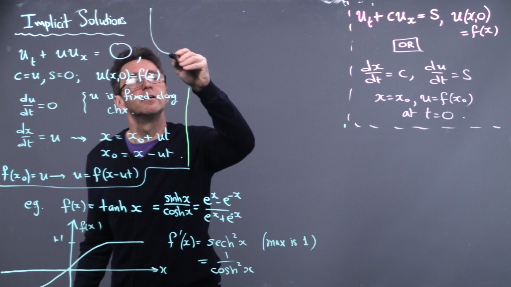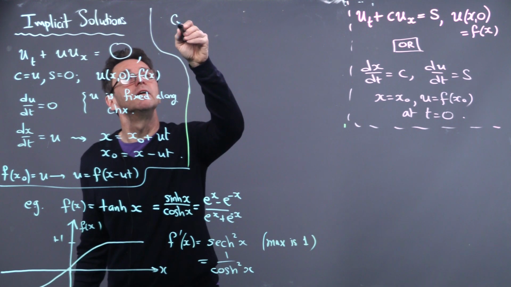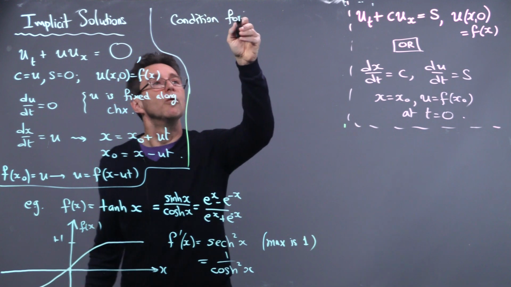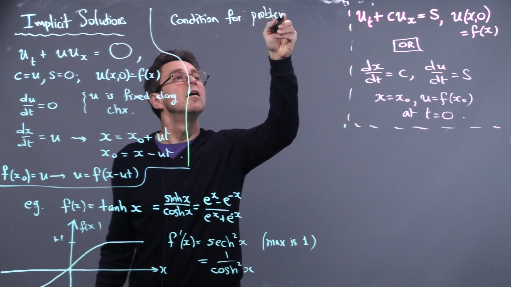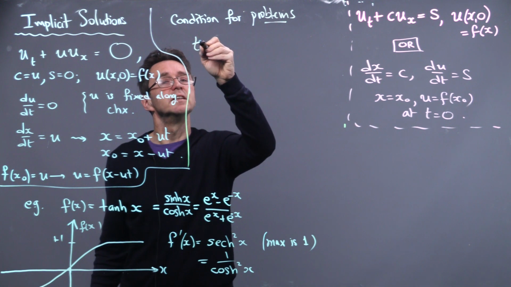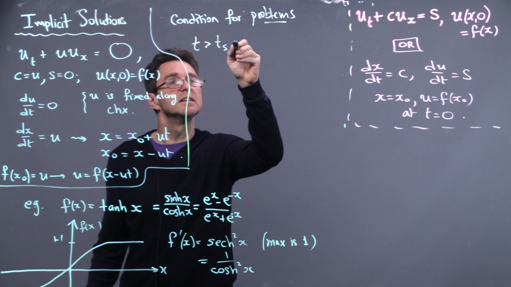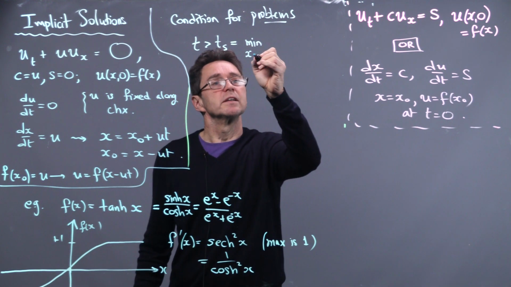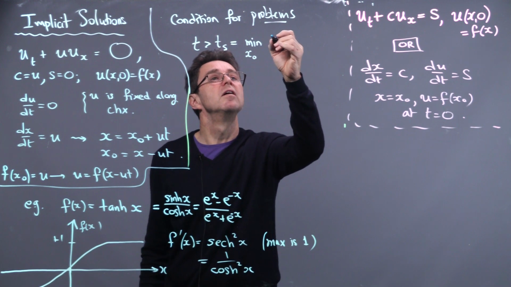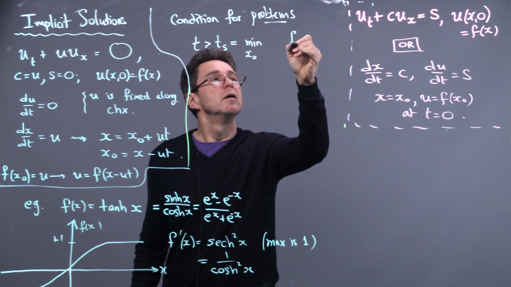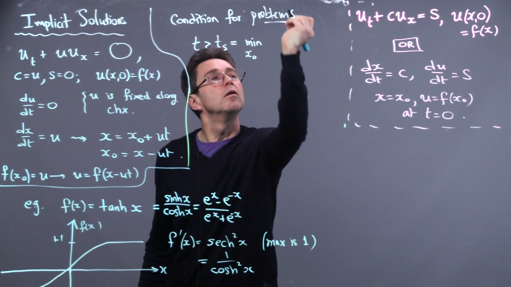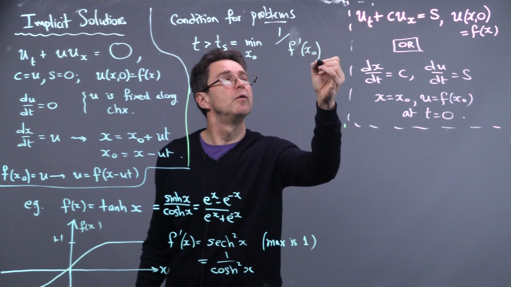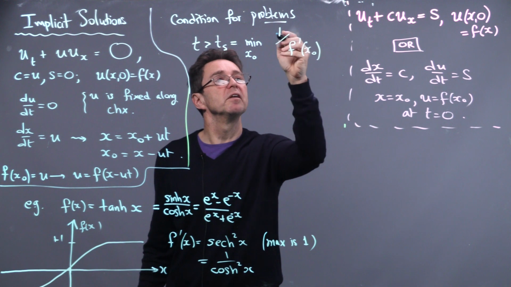So if I do that, the condition for problems was that t is bigger than ts, which is the minimum over all x zeros of one over f primed of x naught, and it had to be negative, right?